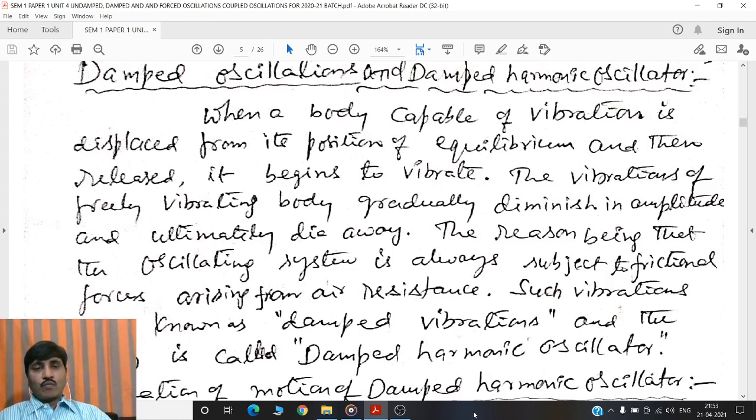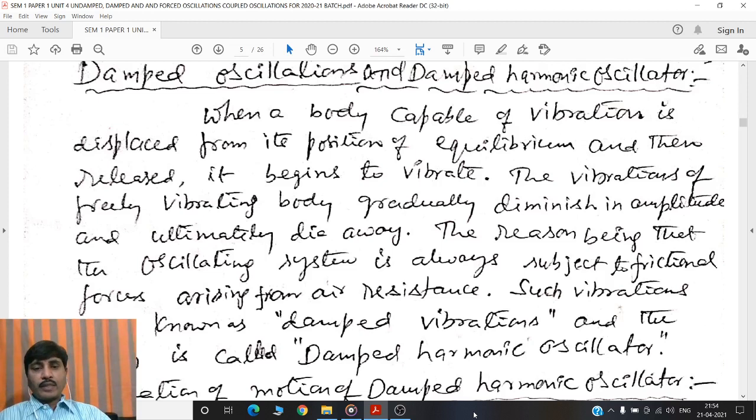The first topic is damped oscillations and damped harmonic oscillator. When a body capable of vibration is displaced from its mean position of equilibrium and then released, it begins to vibrate. The vibrations of a freely vibrating body gradually diminish in amplitude and ultimately die away.